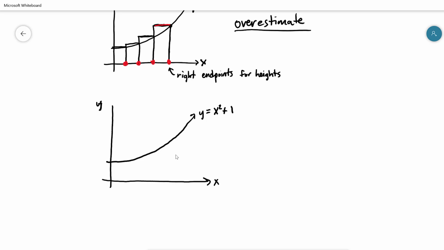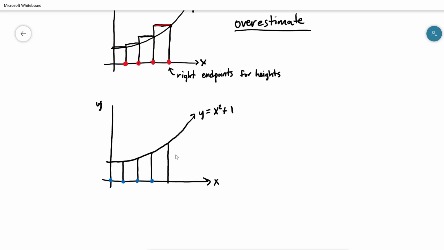In this one, I'm going to pick all the left endpoints. So I want to go to the same place here, and I want to chop this up the same way. But now instead of using all those endpoints on the right sides, I'm going to use all the left endpoints. So I'm going to use this one for the first rectangle, this one for the second, this one for the third, this one for the fourth.